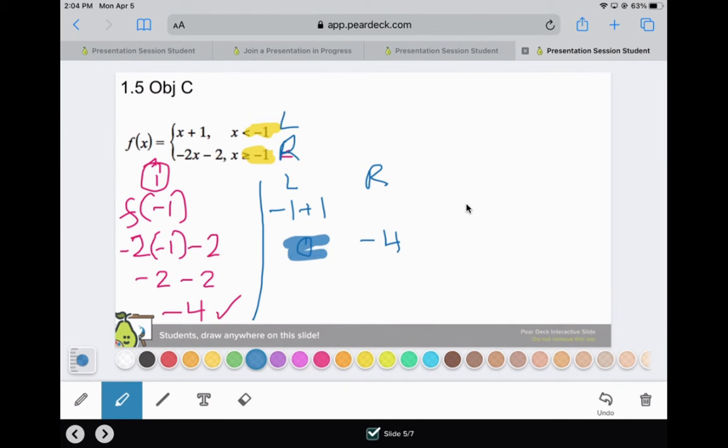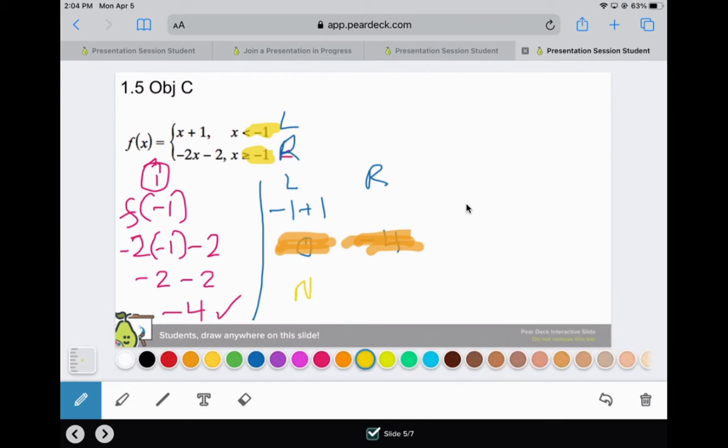If the limit fails, there's no limit right here because they're not equal. So we know this one is no limit. So this step failed. And we can say that the function is not continuous.